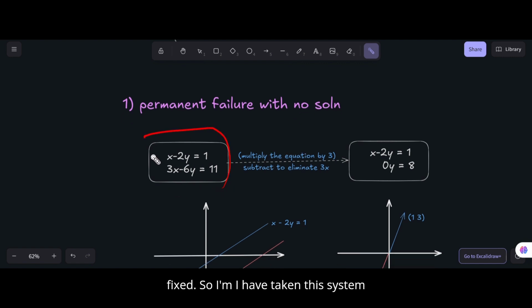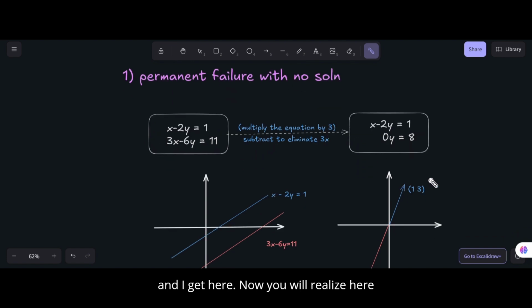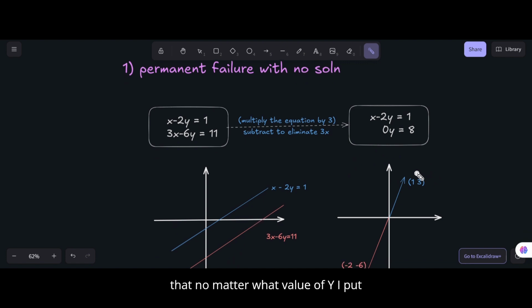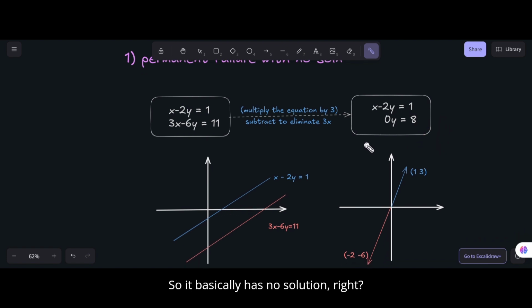I have taken this system where I do the multiplication and elimination, and I get here. Now you will realize that no matter what value of y I put here, this equation can never be satisfied. So no value of y can satisfy this equation, so it has no solution.